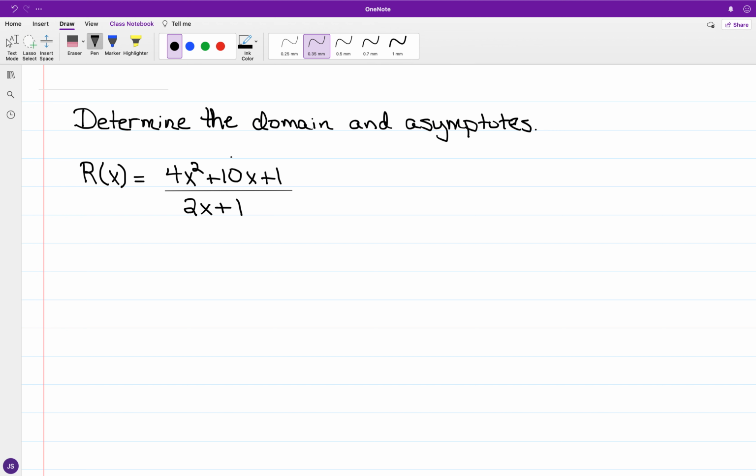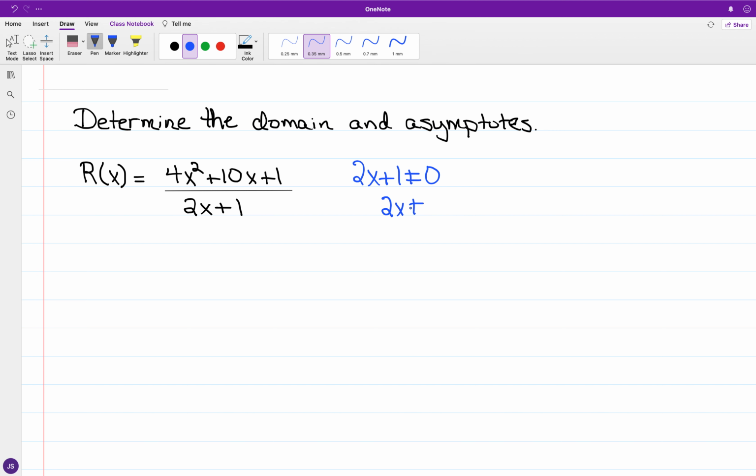And if I were looking for the domain and the asymptotes, now we have, for this setup, again, a rational function, and for a rational function to be defined, the denominator cannot be equal to 0. So you have, again, 2x plus 1 cannot be 0.